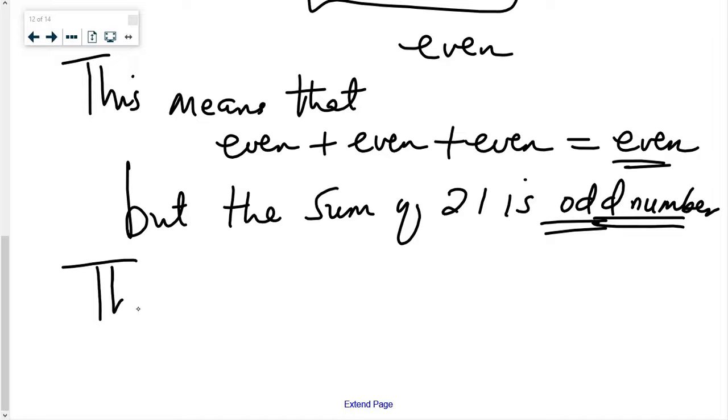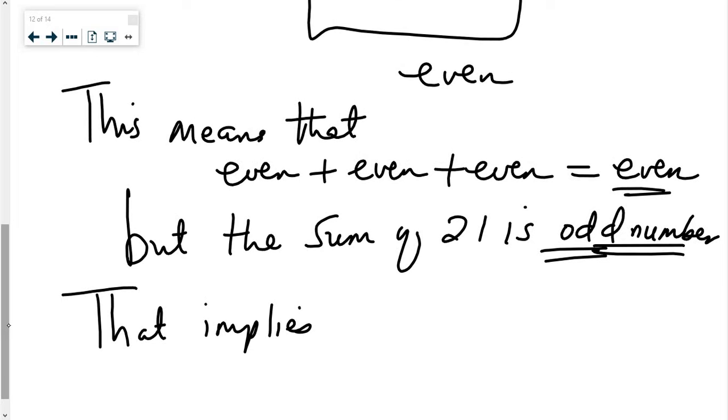So that implies that it is impossible for Sarah to reach a total of 21 using only even number cards.